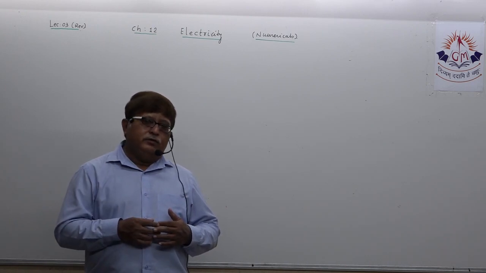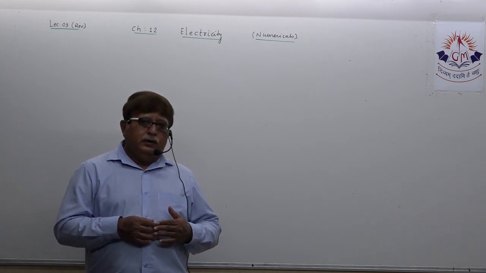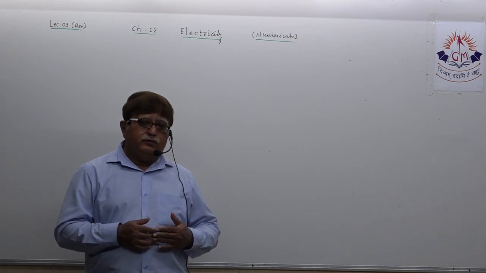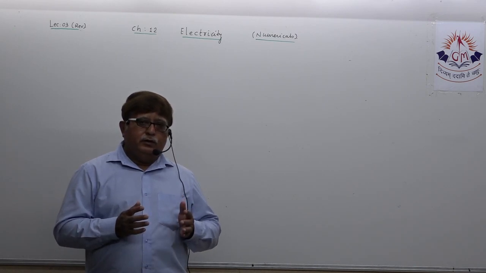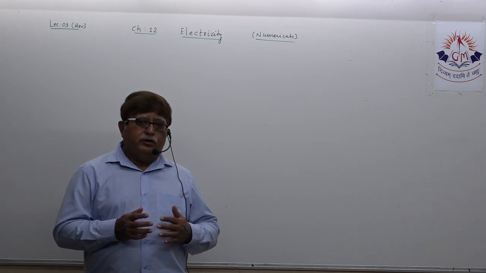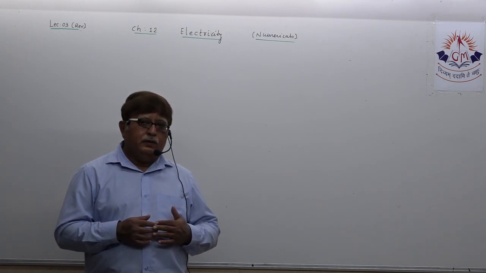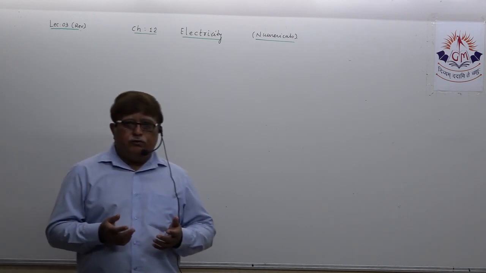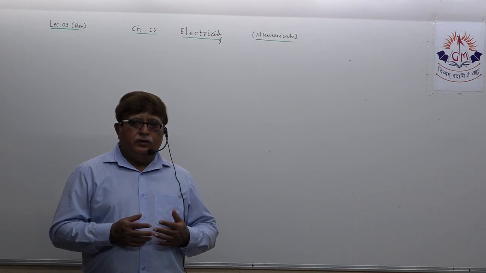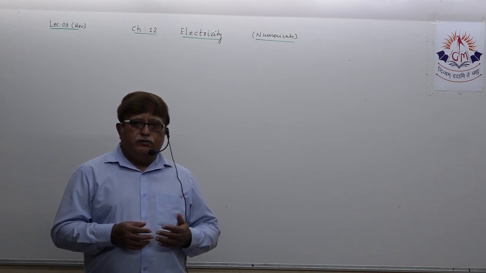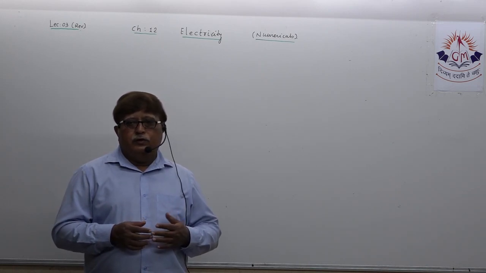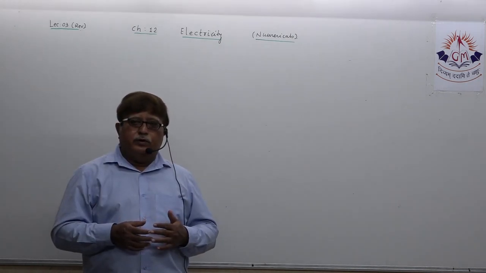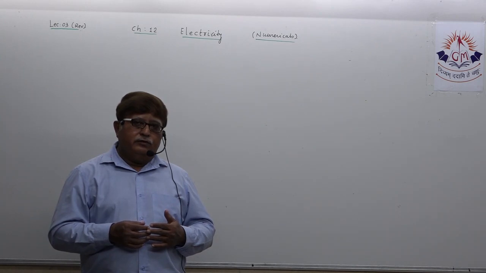Just take an example: if you are asked a 2 mark question, write the properties of series connection, you know the whole short note, but you haven't included some important points. Which are those characteristic properties of series connection?